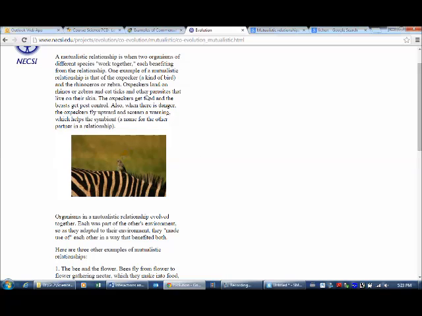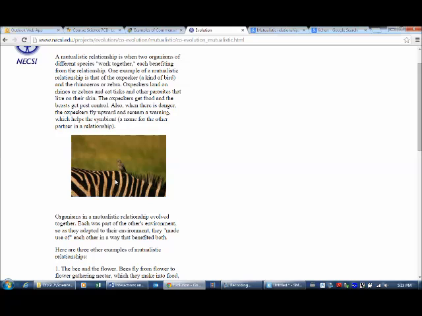And this oxpecker will travel around with the zebra, and what they do is they pick off the ticks out of the zebra's skin. And that may sound gross, but for the oxpecker, that's great. That's food. So the oxpecker is benefiting from this relationship because it gets food, and that helps it to survive.